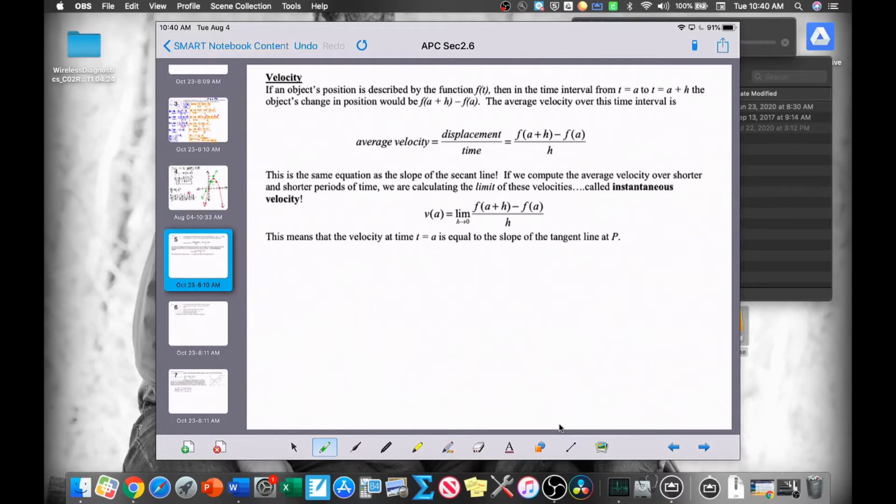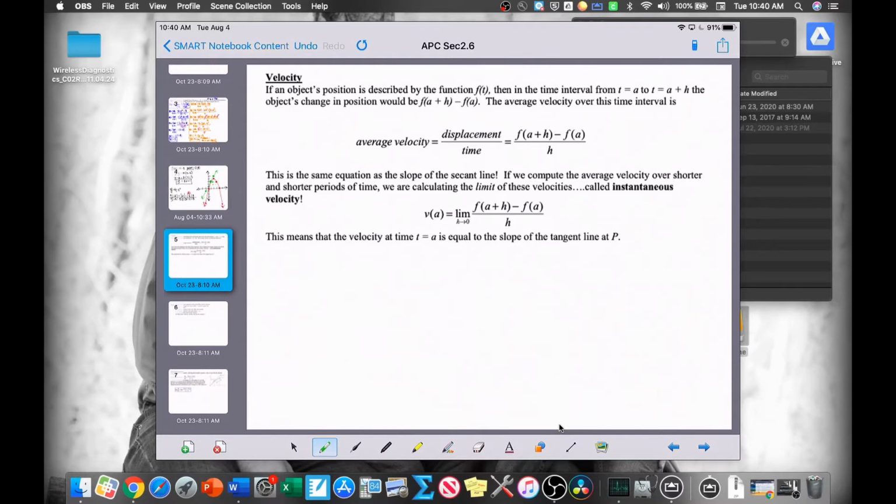And the average velocity over this time interval would be its displacement. That's its f of a plus h minus f of a, the distance that it traveled, divided by the time. And for our purposes, this is f of a plus h minus f of a divided by h.